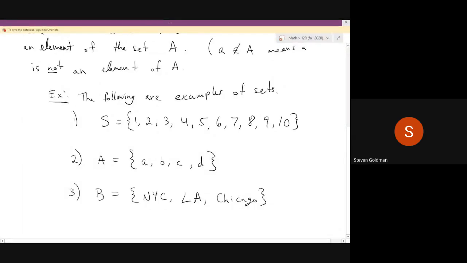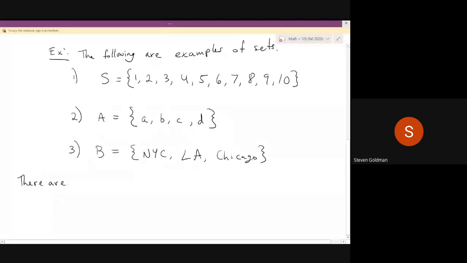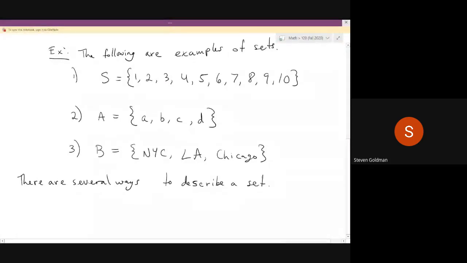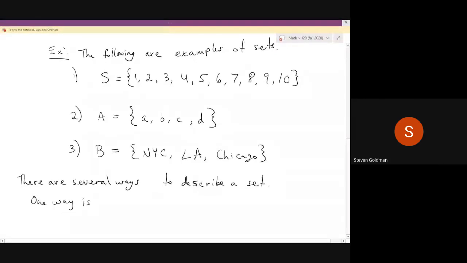Okay. Now, the way I've been listing the sets so far is by writing them in braces and just listing all the elements. Okay, that's one way of writing a set. It's called the roster method. So there are several ways to describe a set. One way is to list all of its members.